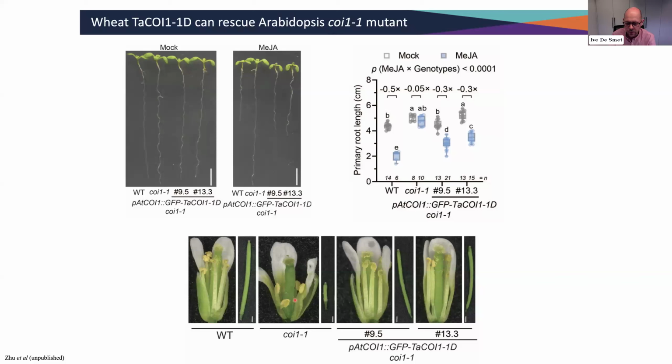So if we introduce the wheat protein variant in this genetic background, we can nicely recover the responsiveness of this mutant with respect to stamen growth and fertility. So further supporting that indeed the wheat COI1 1D is encoding a functional COI1 receptor.